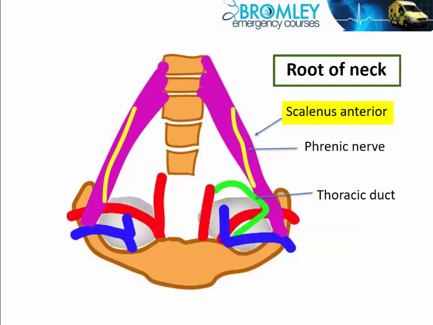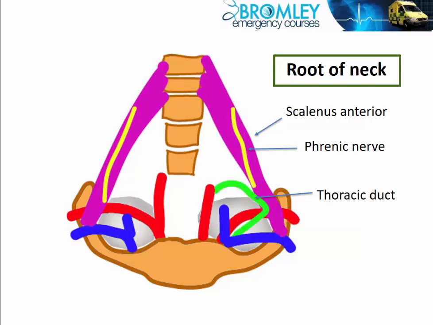Scalenus anterior arises from the 3rd to 6th vertebral bodies and descends down to insert on the first rib. And it has 2 important useful anatomical features. One is that the insertion point on the first rib separates the artery from the vein, the main vessels going to the arm.